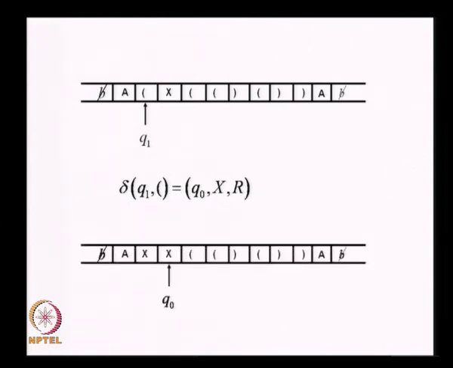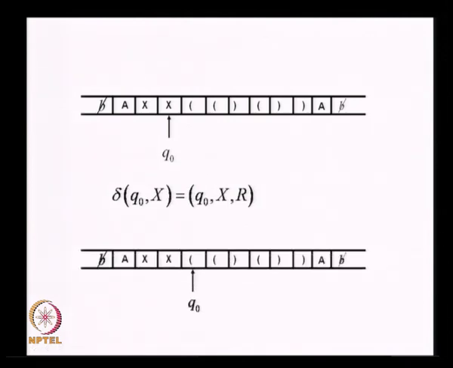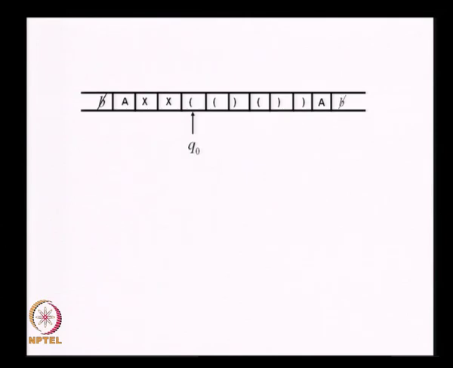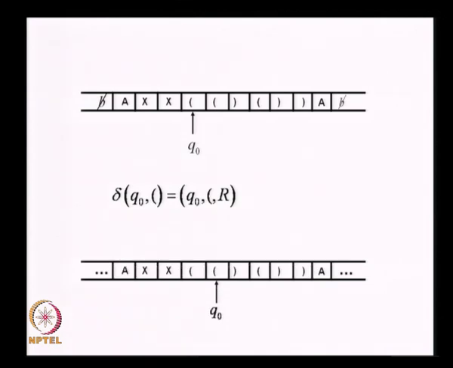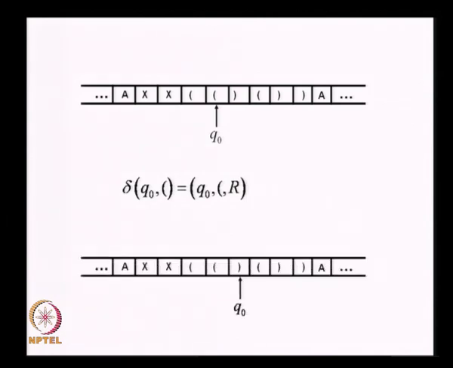So, this is the next ID, and in q1 it sees a left parenthesis, it changes that into a x using this mapping and starts moving right in state q0. So, this becomes the next ID, and from this ID it reads the x and just moves right, and it moves right in state q0 looking for the next right parenthesis. Here it just moves right using this mapping, and this is the next ID.